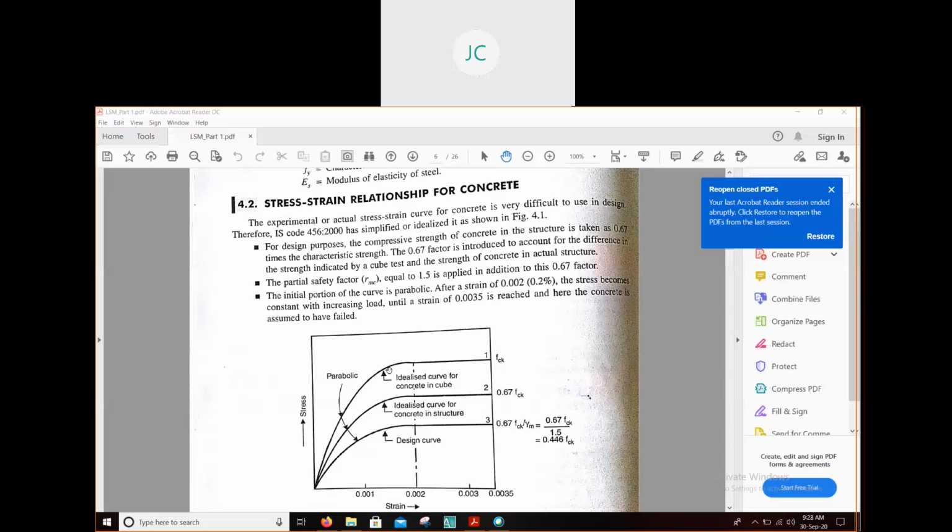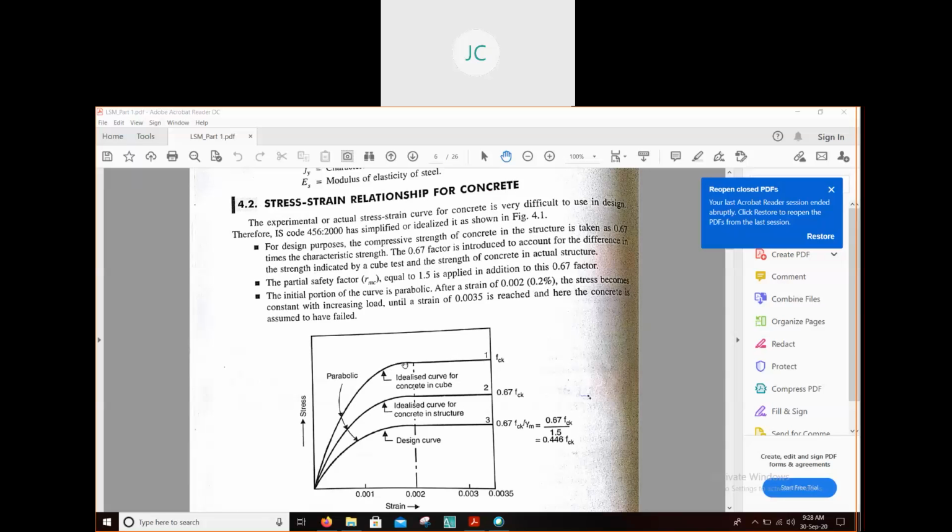I have told you this is the graph for the cube which we make in the laboratory. That means for the 15 centimeter cube, if you test the compressive strength of that cube, you will get this idealized curve for concrete in cube.